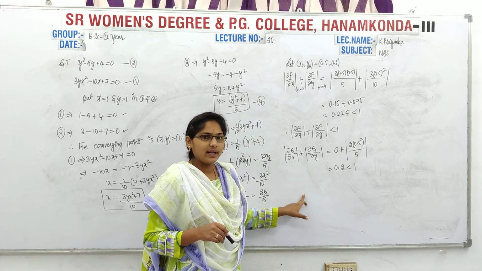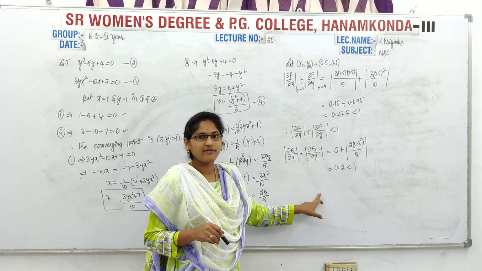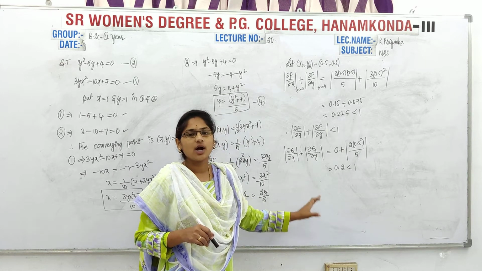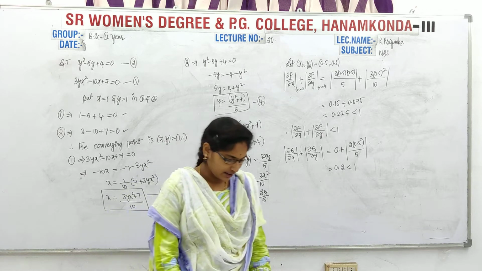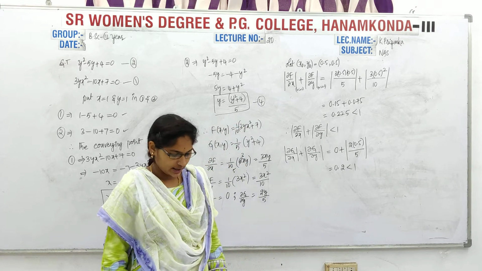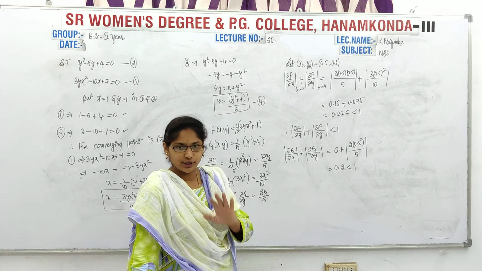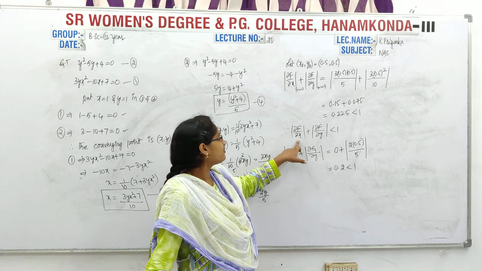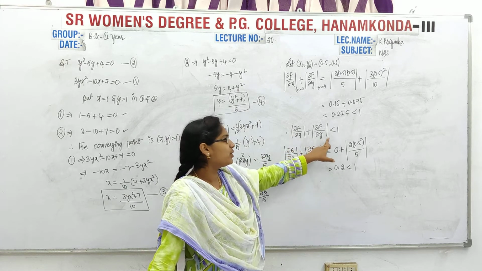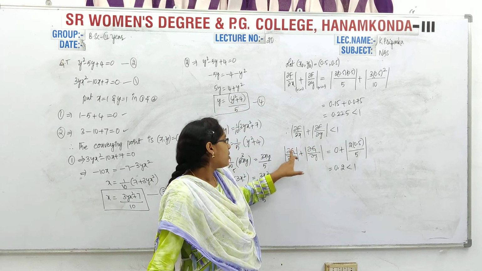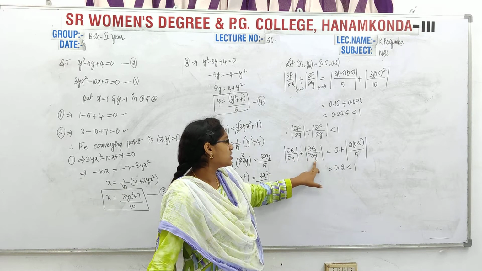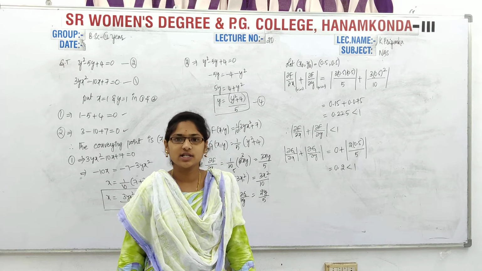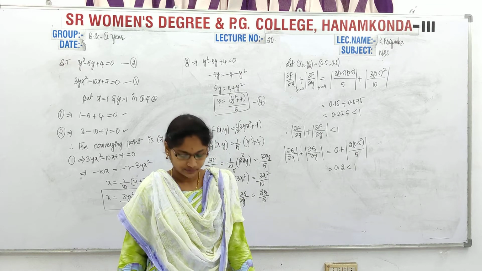Therefore capital F and G and the first order partial derivatives are continuous, and the second condition, modulus of dou f by dou x plus modulus of dou f by dou y is less than 1, and modulus of dou g by dou x plus dou g by dou y is less than 1. Therefore the two conditions are satisfied.